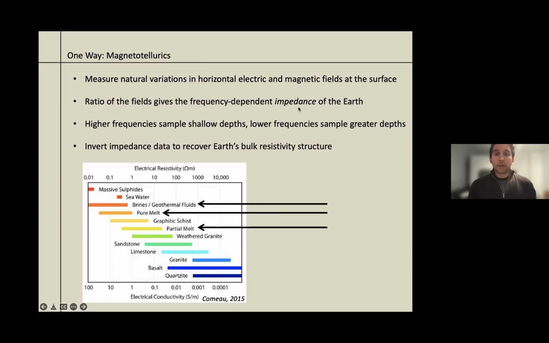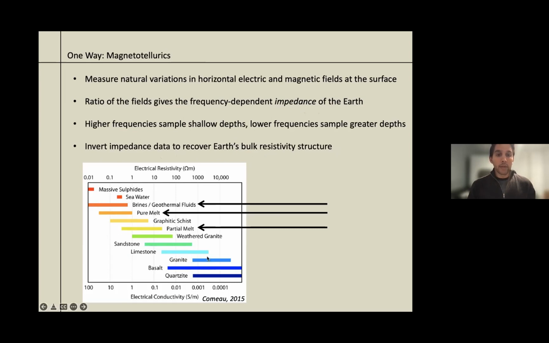So once we do fieldwork and we collect this impedance data, we can invert the data to recover Earth's bulk resistivity structure. And that's the quantity of interest, the bulk resistivity of the Earth. And the bulk resistivity is useful to know, especially for volcano studies, because the bulk resistivity varies over several orders of magnitude. Here's resistivity up here, so from 10,000 ohm meters down to 0.01 ohm meters.